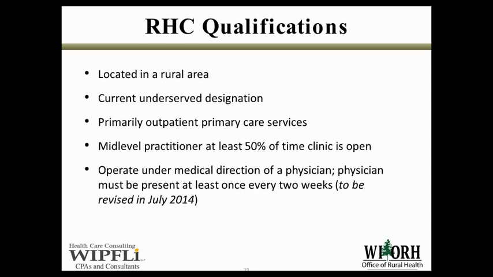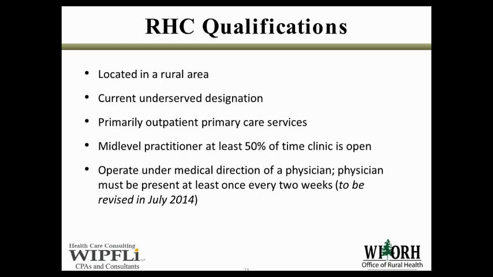So just as a recap on slide 21, we said the clinic has to be located in a rural area. There are resources to determine if an area is considered rural. It has to have a current underserved designation. Again, there are resources available, and we've referenced them at the end of the document to identify whether or not a particular area is considered underserved.